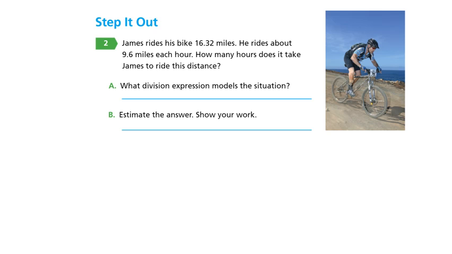Okay, let's take a look, and we'll use our partial products division to figure out how to solve this. I'm going to use my box method here, and I have my dividend, the number that's being divided. It's 16 and 32/100 divided by 9 6/100.